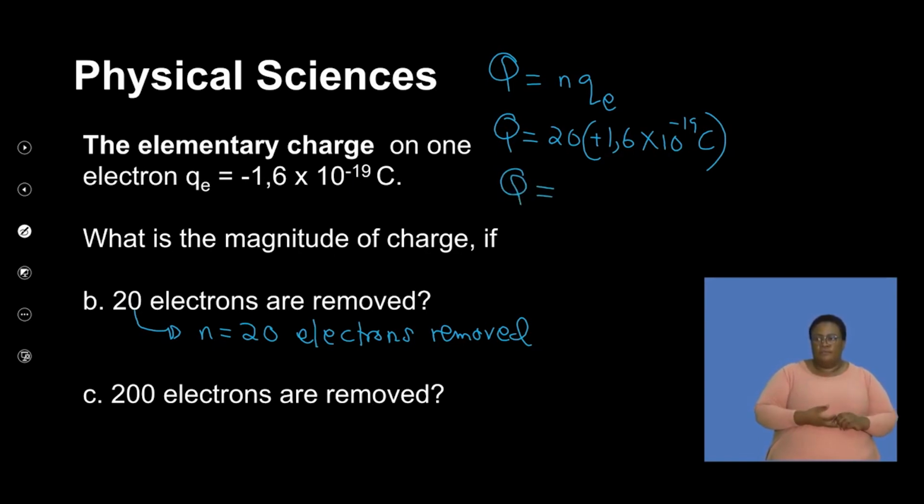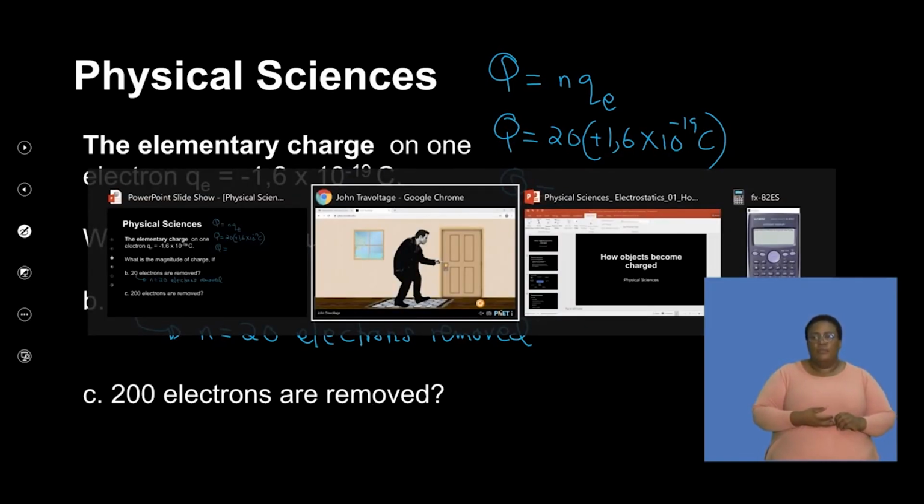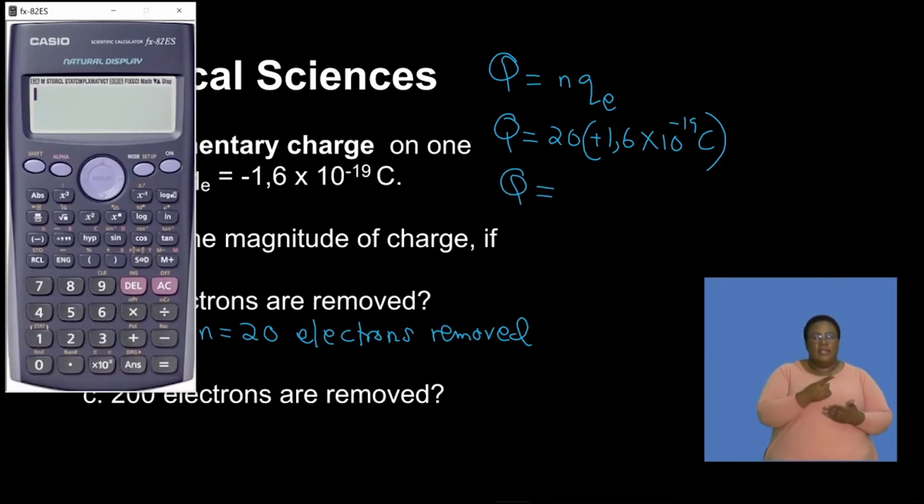If we go to our calculator, we've got 20 multiplied by positive 1,6 times 10 exponent negative 19. You also need to familiarize yourself with using the calculator. So this is 3,2 times 10 exponent negative 18.